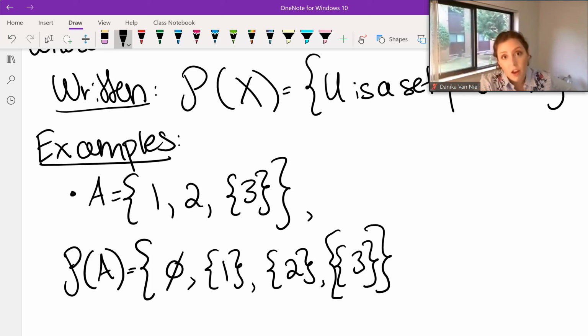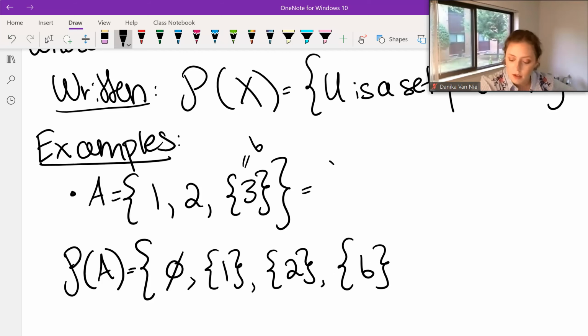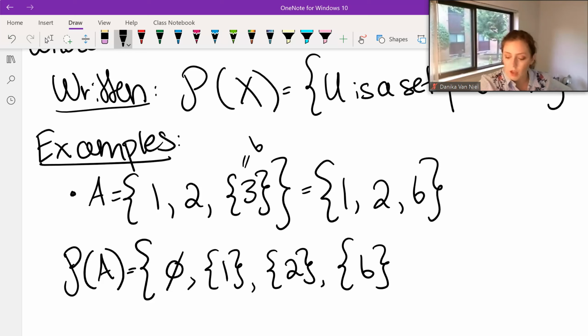If it helps, when you're looking at this and you're like, that's a lot of craziness, Danica, what is happening? You can say equals and maybe call it B or something, and then this looks like the set containing B. Okay, yeah, that makes it a lot worse. But if that's what you need to do, at least for the time being, go ahead and do it.